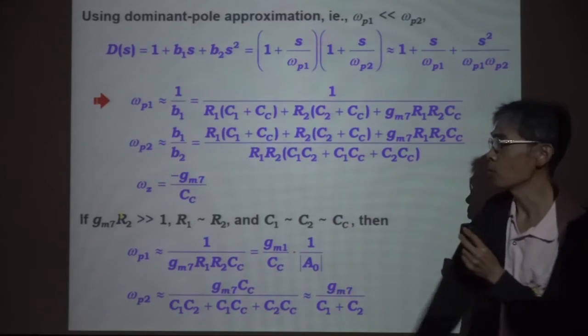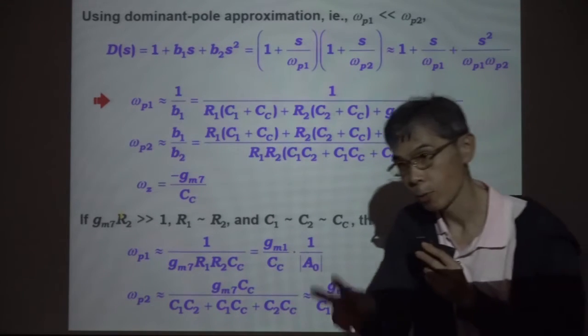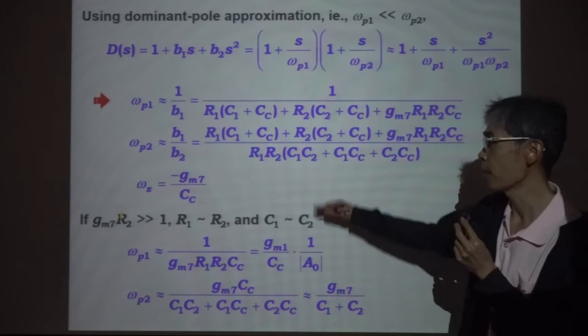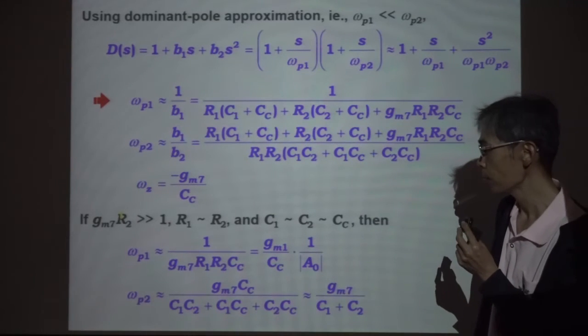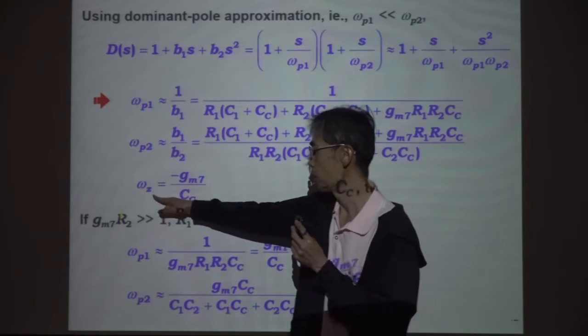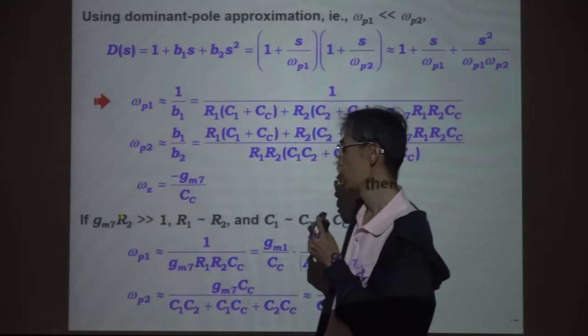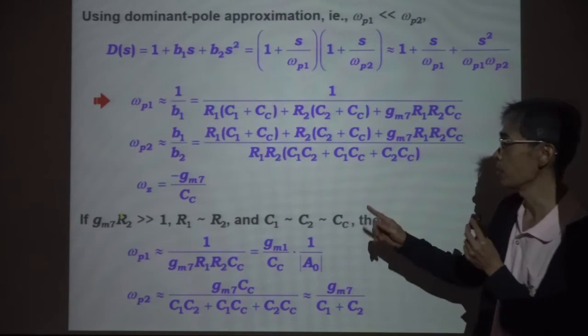So this is omega P2. You are required to derive omega P1, omega P2. Then this one is the 0.